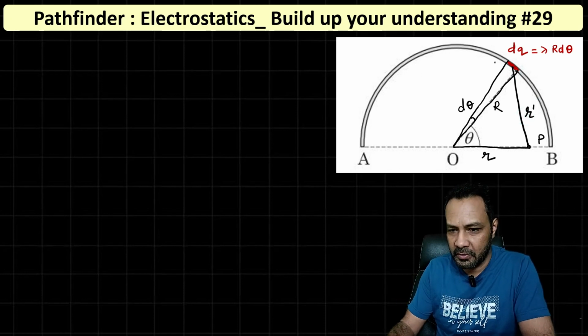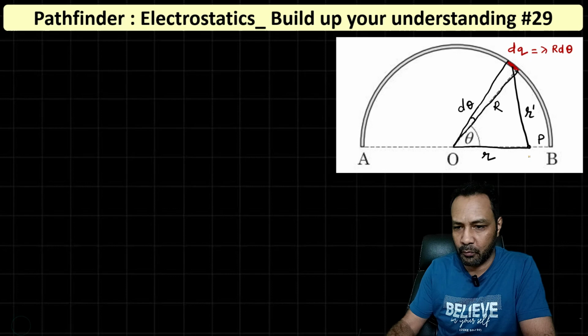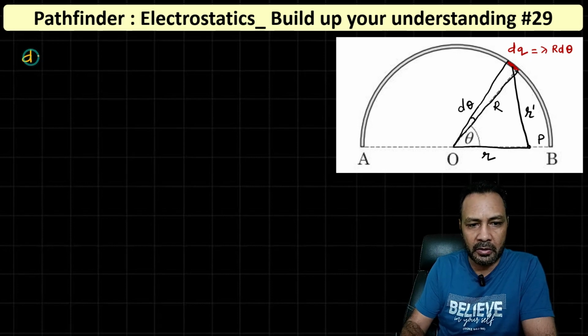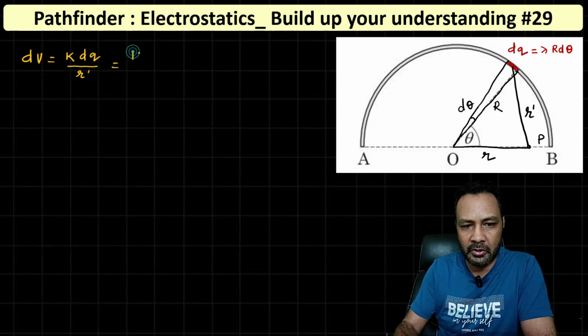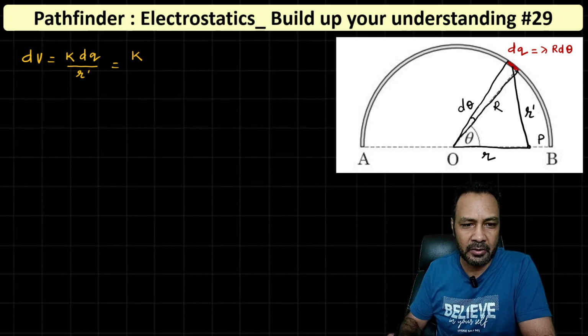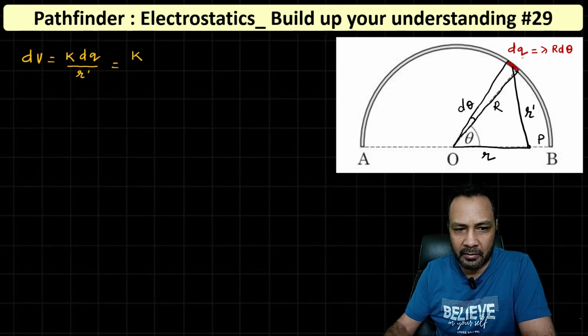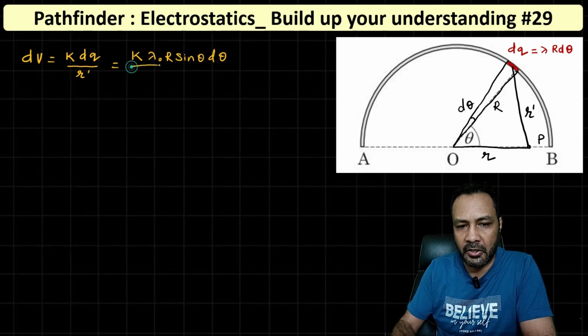Because of this little elemental charge dq, the potential at the point P will be given by dV is equal to k dq divided by r dash, since it is a point charge. In place of dq I will write lambda R d theta, and lambda is lambda naught sine theta. So that will be k lambda naught R sine theta d theta, divided by r dash.